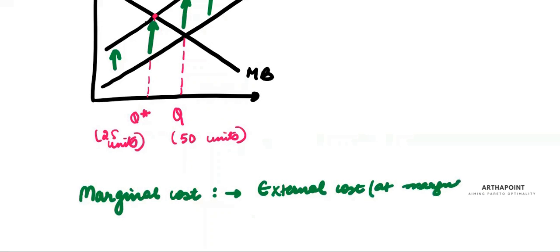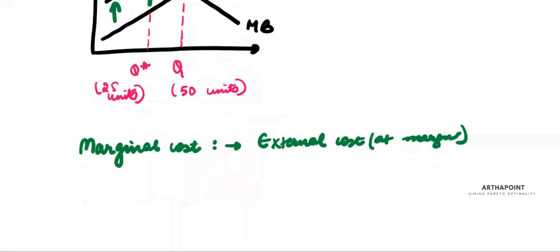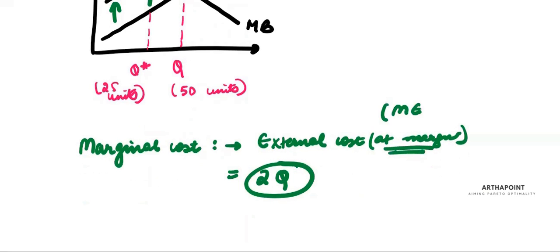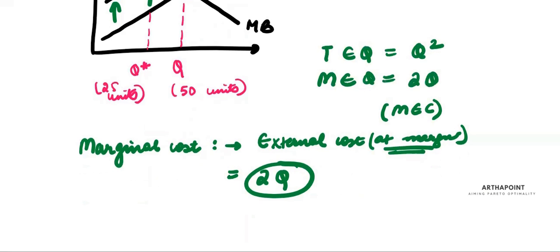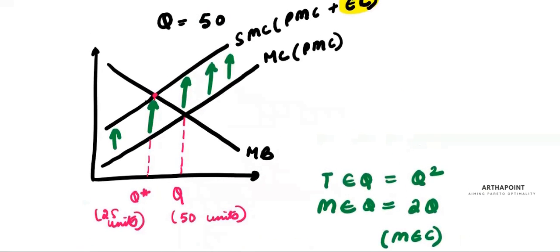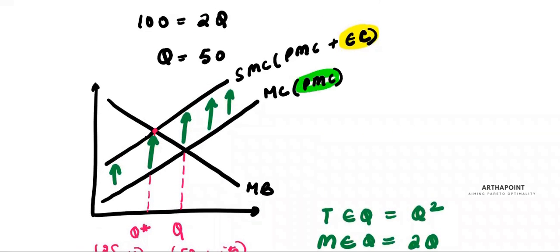So you want the marginal cost curve to shift by 2Q, because this is your marginal external cost. Your total external cost is given as Q square, so your marginal external cost is 2Q, right? People are considering PMC. You want them to consider PMC plus EC.